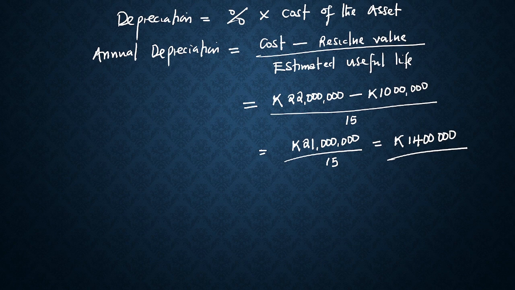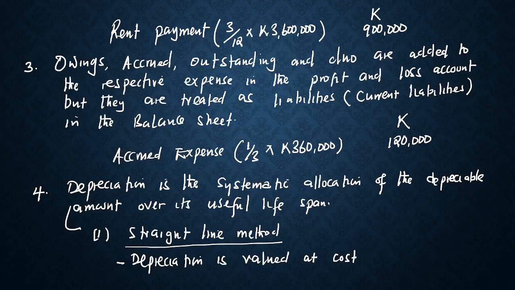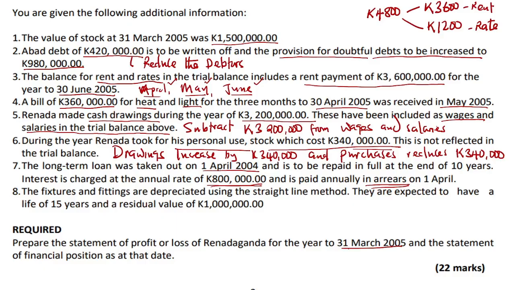So these values, the 1 million residual value, where are you getting it? And the 15, the question. Okay, let's go look at adjustment number 8.